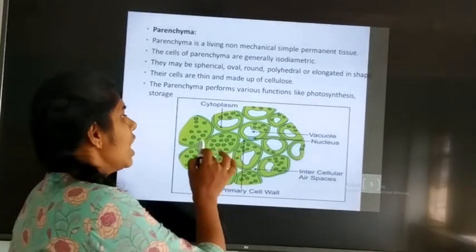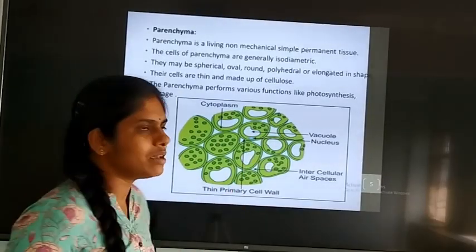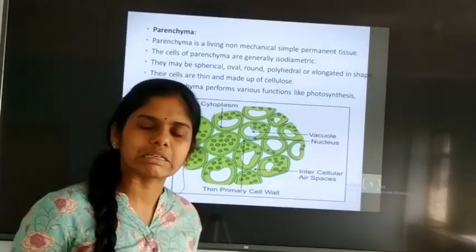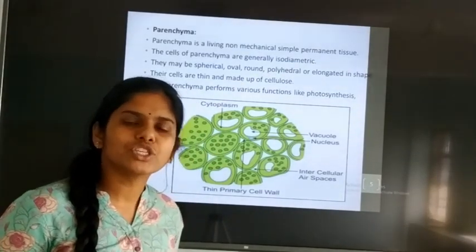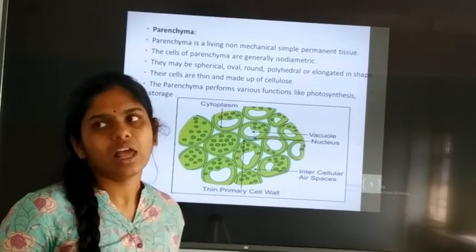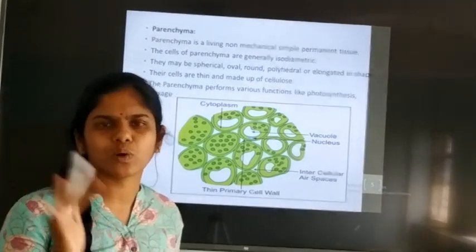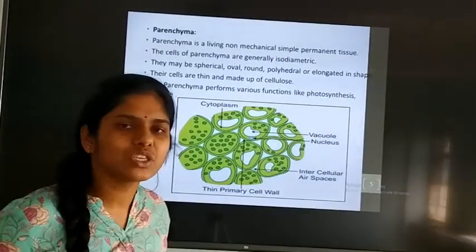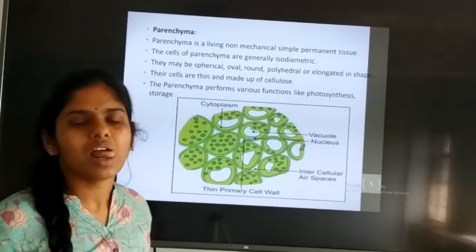And next, all the cells of parenchyma are isodiametric in nature. What is isodiametric? Iso means same.